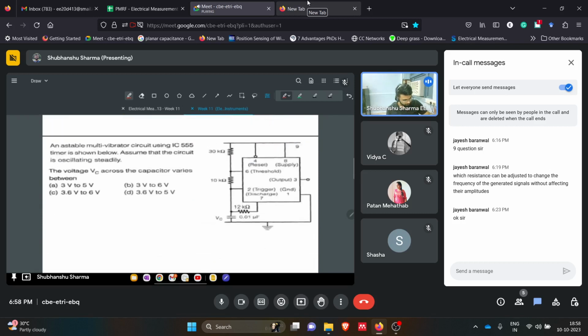Now the next question. The only difference is that we supply 9 volts here. Now you have to find the voltage VC across the capacitor varies between. Just first read the question.